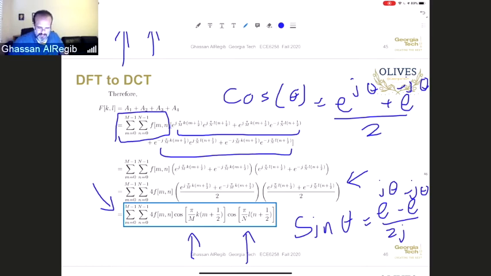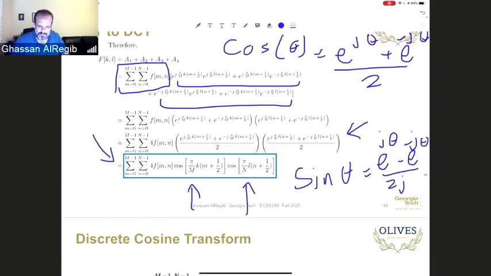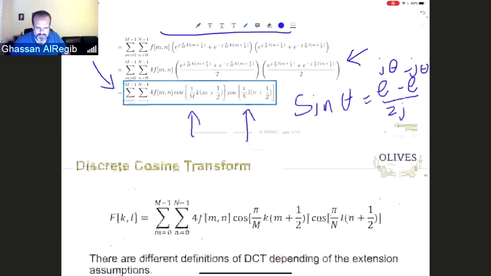These basis functions, in the DFT, we used to have the complex exponentials, e to the negative j 2 pi km over capital M, and e to the negative j 2 pi ln over capital N. Now we have these replaced with cosines. So we have a cosine in the m direction and a cosine in the n direction. And that's basically what the DCT is.